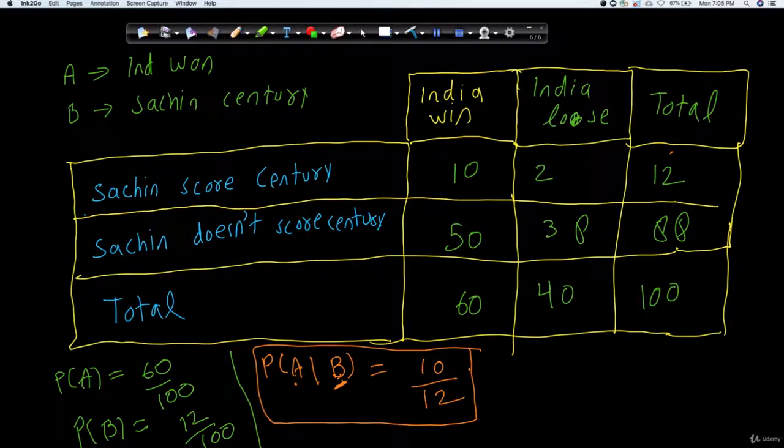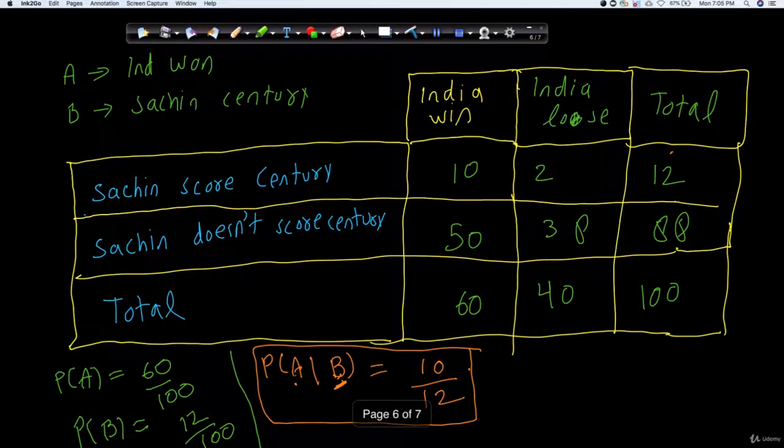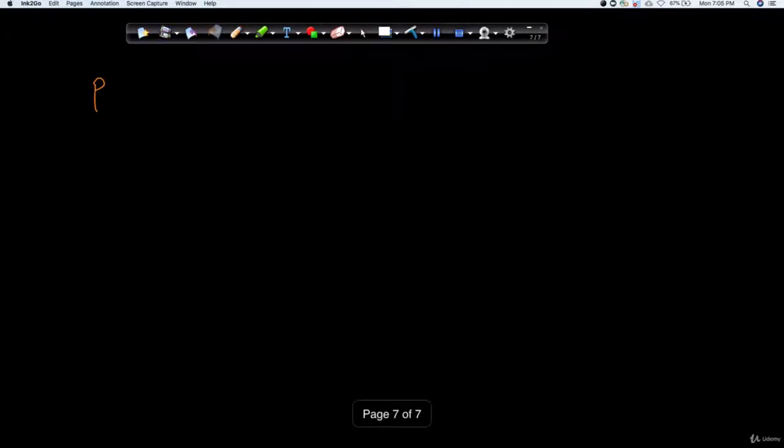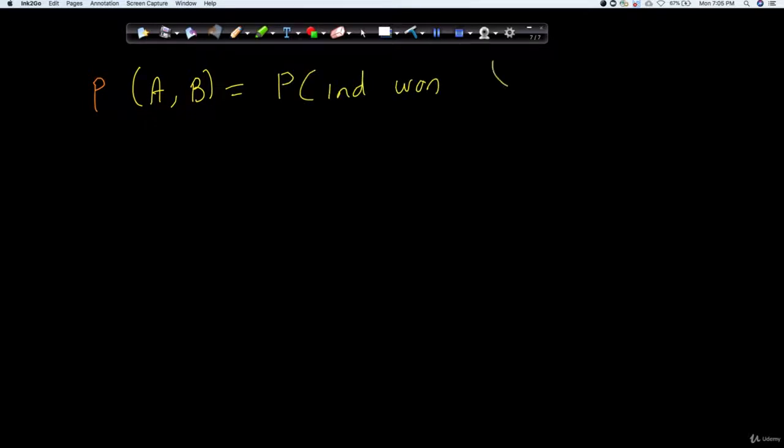If I had to calculate a joint probability, I want to compute what I had already put here intuitively, but let's make it more concrete, because that was not actually a concrete thing. When I was saying the probability that event A and event B both have occurred, what does this mean? The probability that India won and Sachin has hit the century.